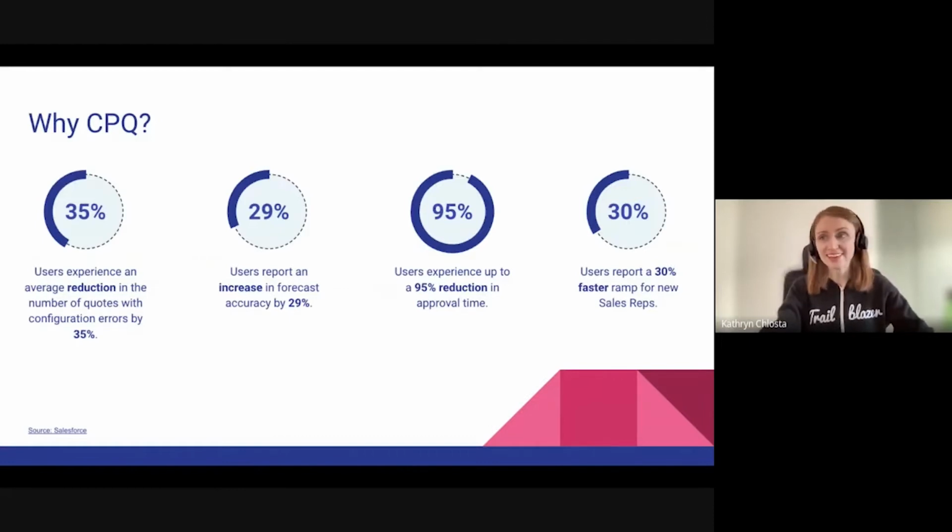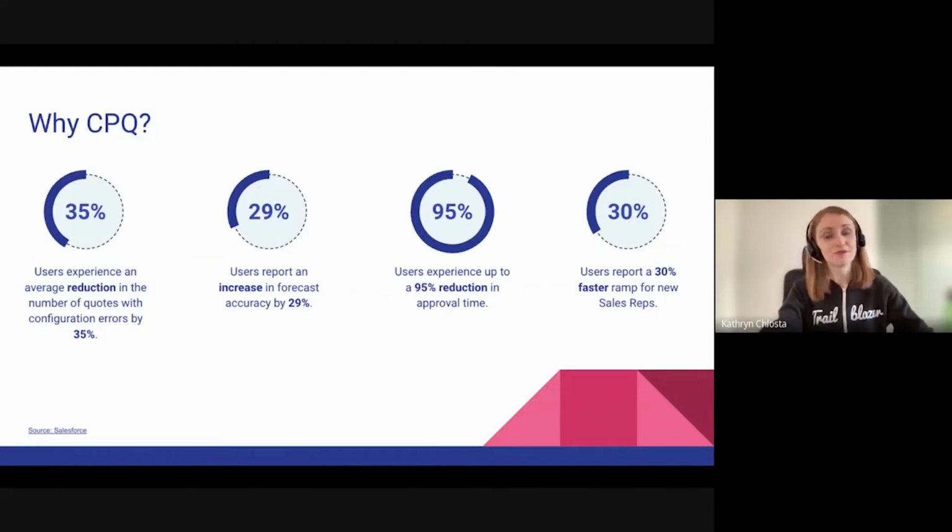On the other hand, users report an increase in forecast accuracy by 29%. Users experience a 95% reduction in approval time. And last but certainly not least, users report a 30% faster ramp for new sales reps when using CPQ.